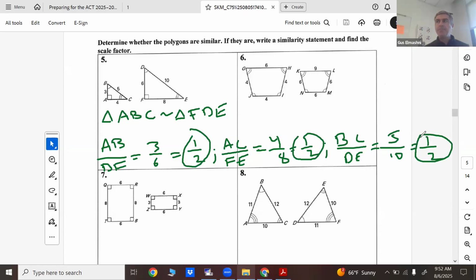Okay, all's good. So the answer is yes, they are similar because they follow that ratio. The answer is yes.